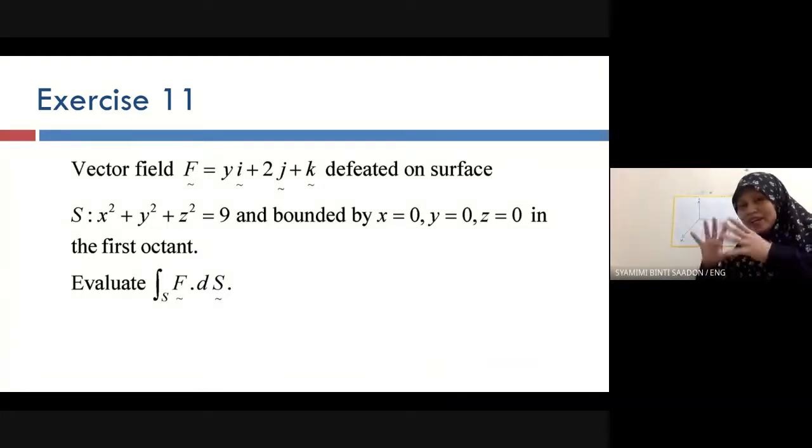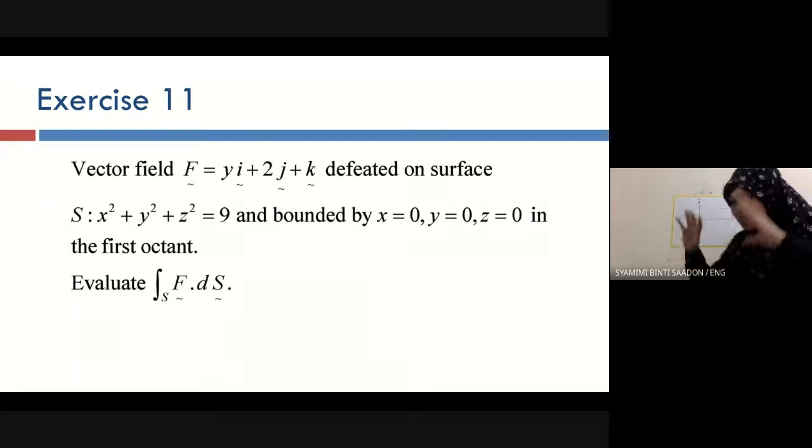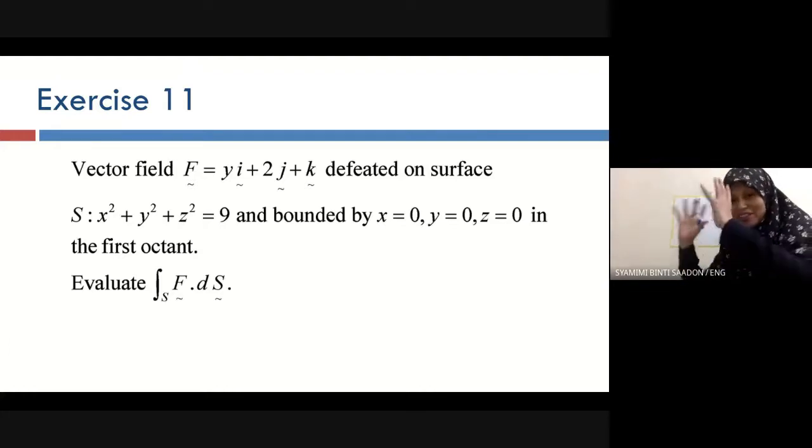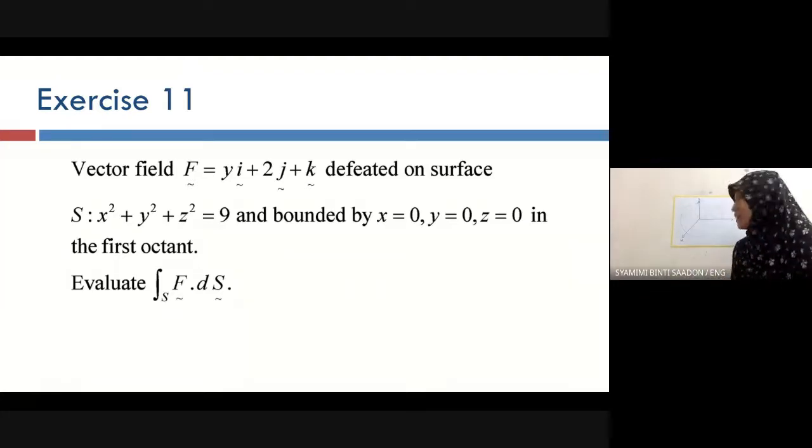Since we have three axes, x, y, and z, this is actually a sphere. It's a bit difficult, okay. So it's like a sphere on all three axes x, y, z, with radius 3, because 3 power of 2 is 9.